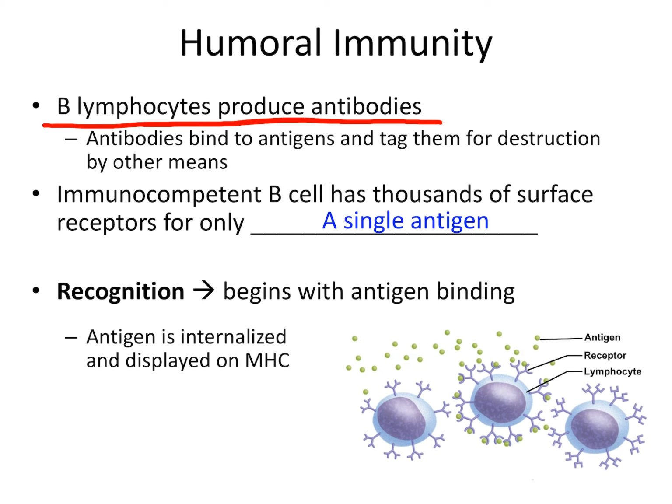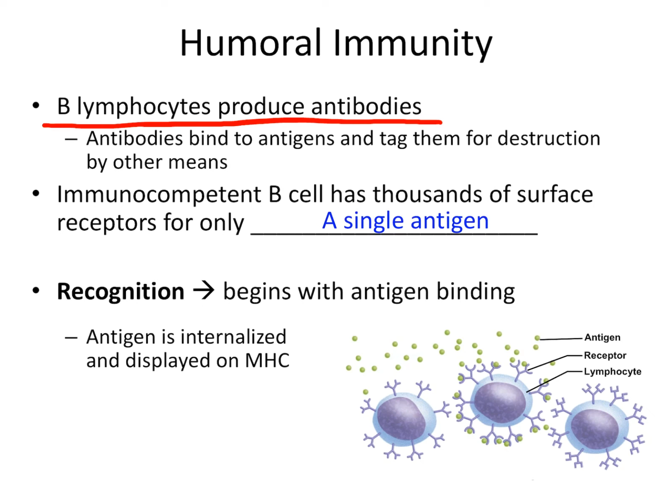So we'll walk through the steps of humoral immunity now, and recall both humoral and cell-mediated immunity we could break down into these three stages: recognition, attack, and memory, or we could think of our three R's: recognize, react, remember.